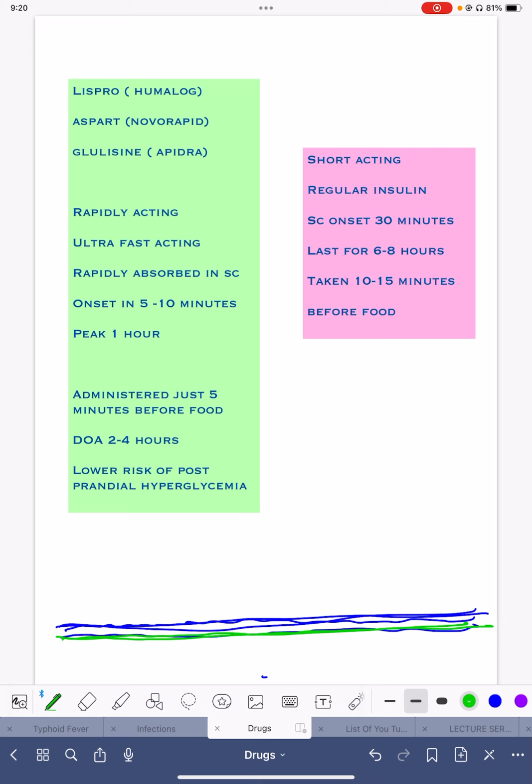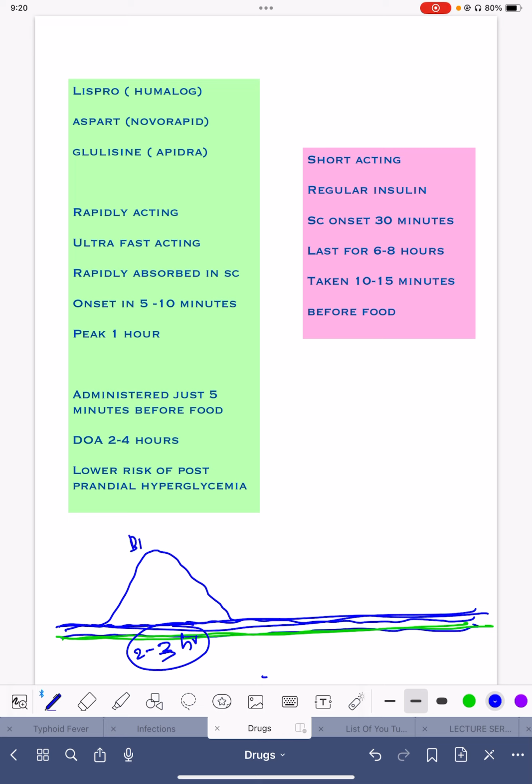These patients have insulin resistance, so they need higher insulin levels. So whenever patients eat, the sugars rise, and over a period of time these sugars fall. Most of the time this period is around 2 to 3 hours. So within 2 to 3 hours, whatever the patient has taken, the sugar levels come to the normal level.